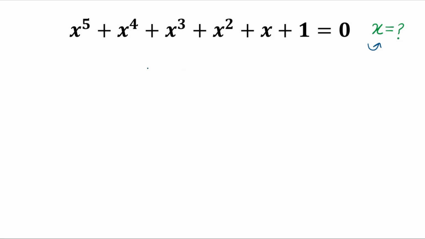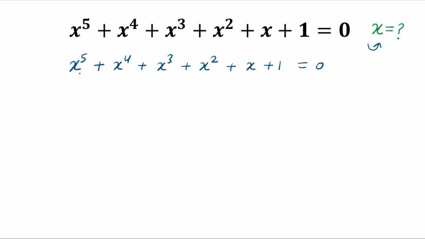Now let's start solution of this question. Here x power 5 plus x power 4 plus x power 3 plus x power 2 plus x plus 1 is equals to 0.